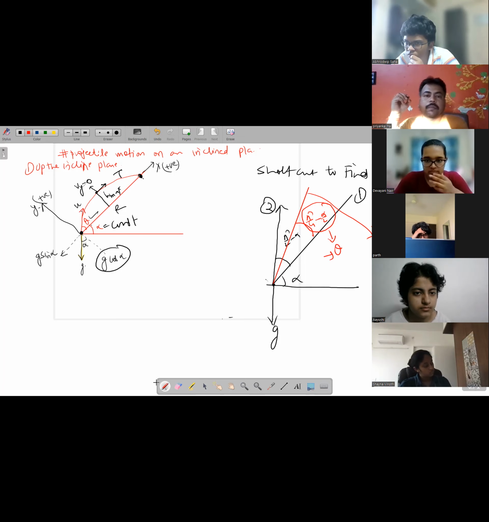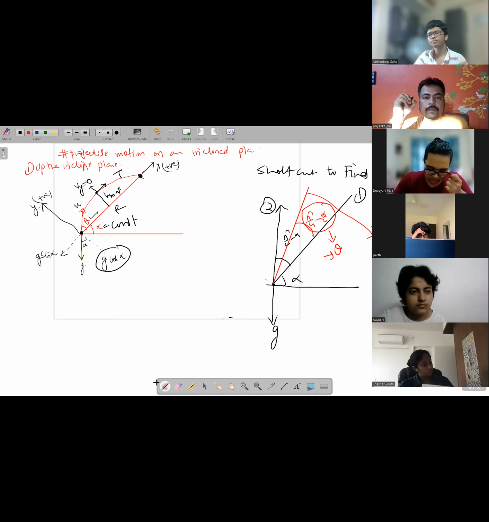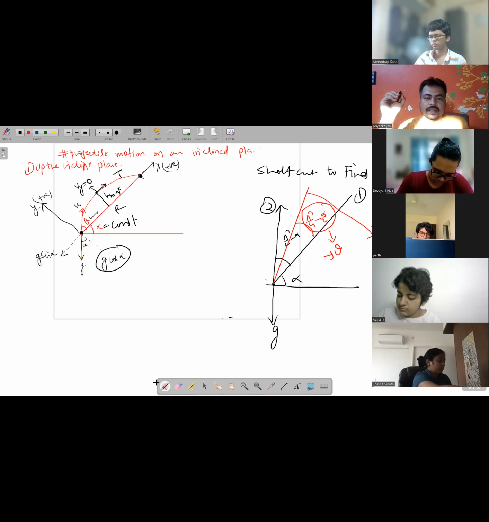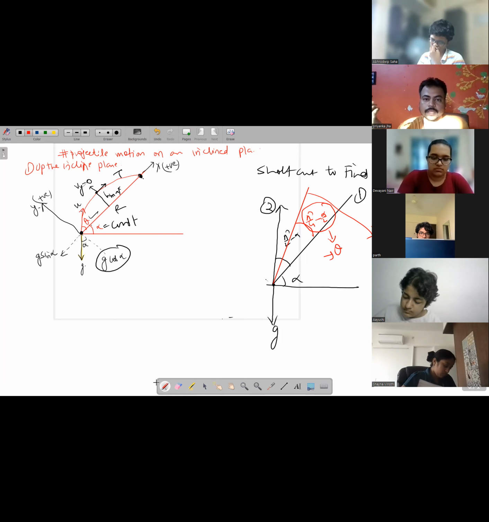To find the maximum range, okay, write step 1. Consider the line or plane on which projectile is happening as line 1, and a line opposite to the acceleration as line 2.